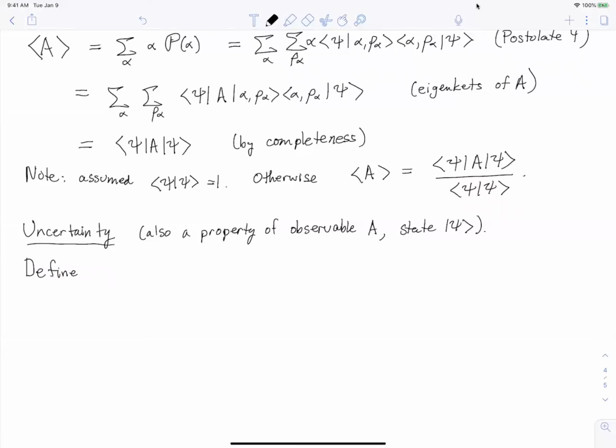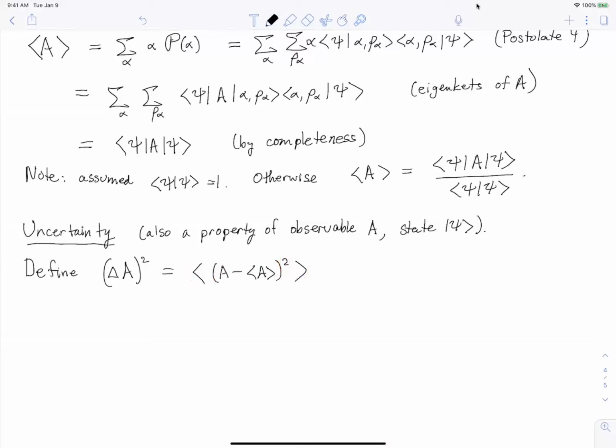Actually, it's nicer to define the square of the uncertainty. Delta A squared is equal to the expectation value of a particular operator, which happens to be (A minus the expectation value of A) squared. So to do this, you compute the expectation value of A, then you subtract it from A, then you square it, and then you take the expectation value of the whole thing.